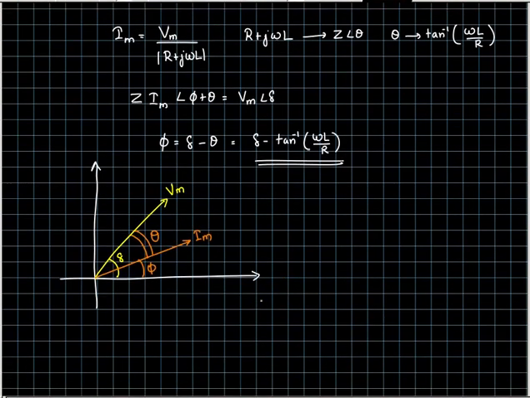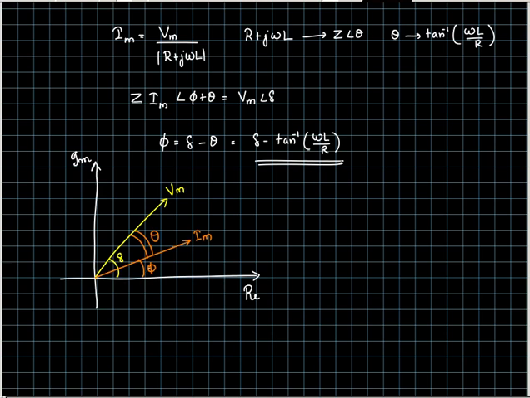And then this represents the phase relation between the voltages and currents, and often it is the angle theta which is of interest to us, because delta and phi are not properties of the system. It depends on what time instant you observe the sinusoid.